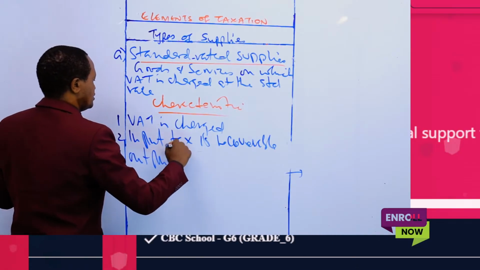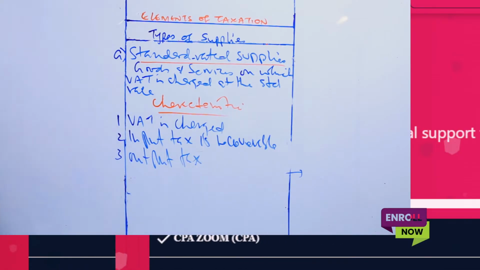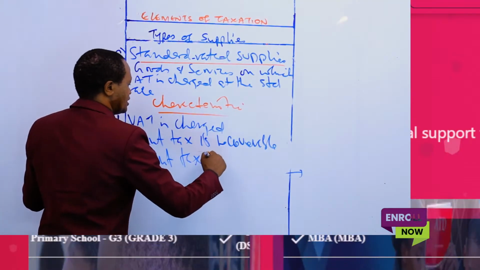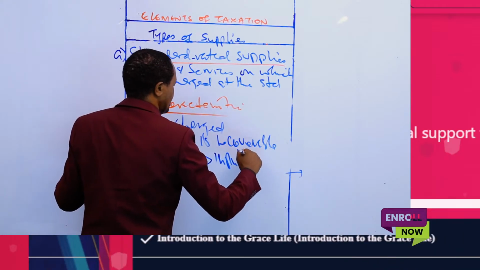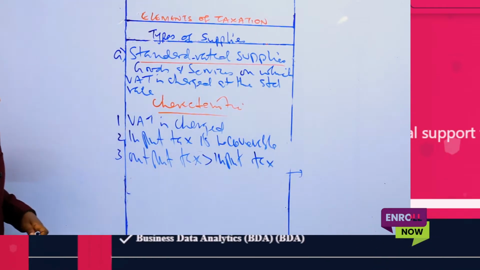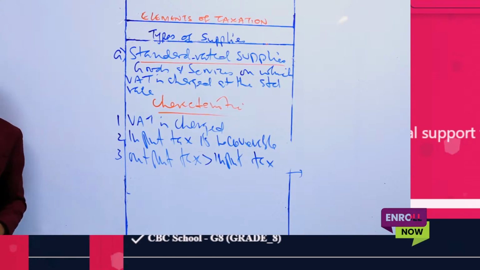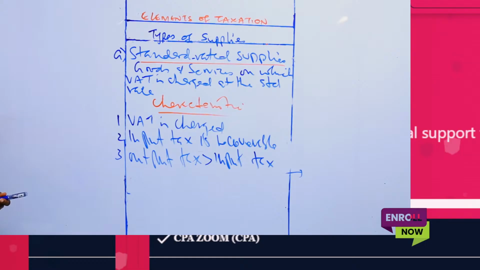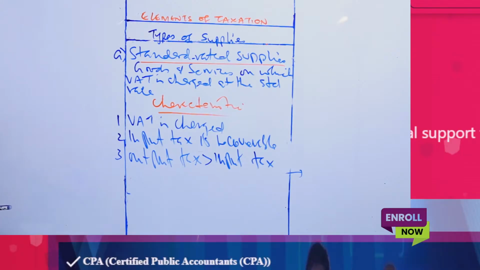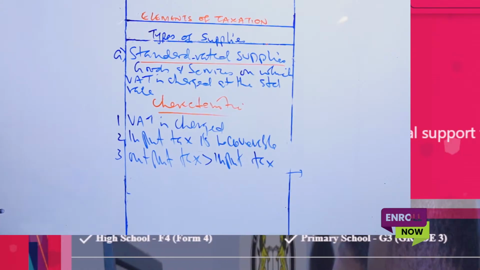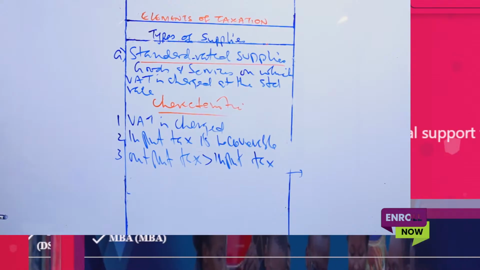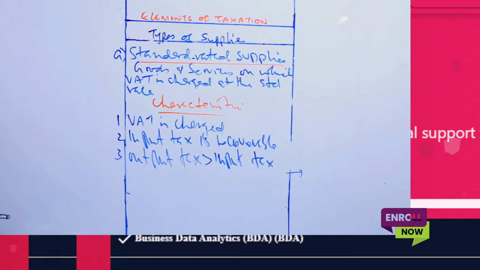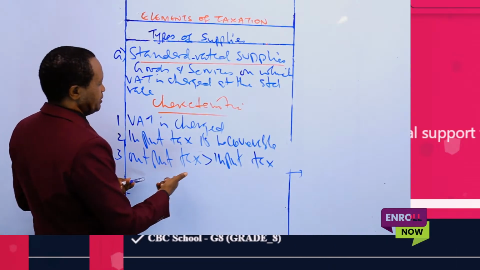Another characteristic is output tax. The output tax should be greater than the input tax. Generally, for businesses dealing with predominantly standard rated supplies, the output tax, which is the VAT collected, will be greater than their input tax, which is the VAT paid.